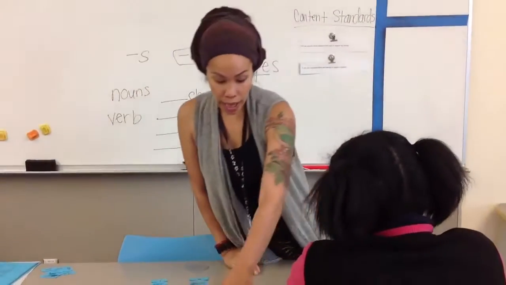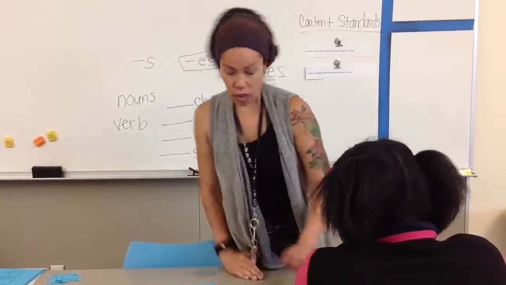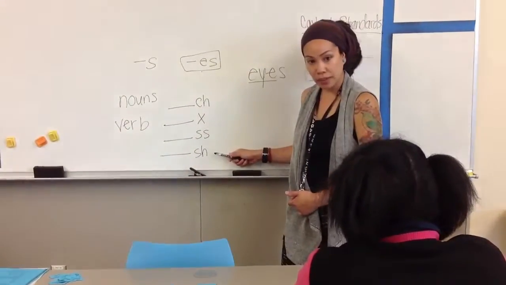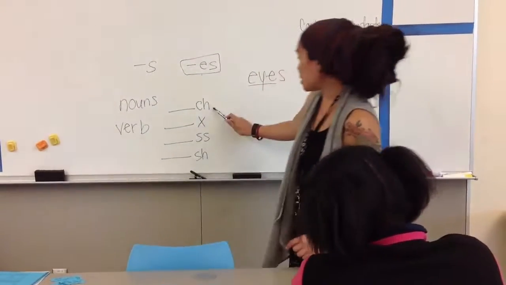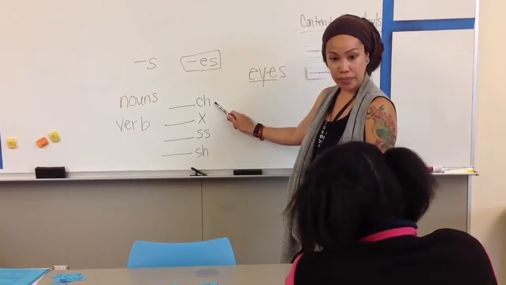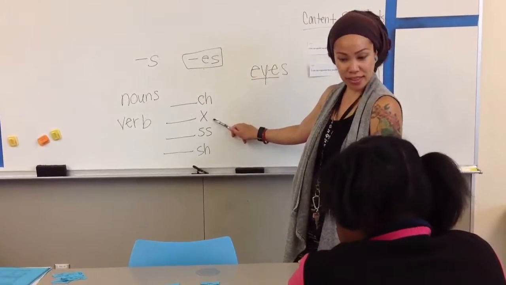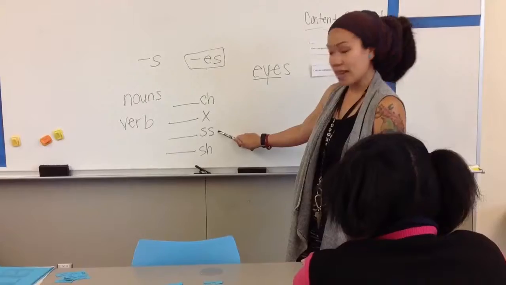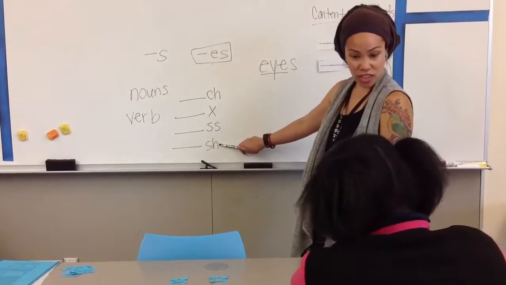Do any of your S words have these spelling patterns at the end? Let's look and check. Do any of these base words end with CH? No. Do they end with X? SS? Or SH?